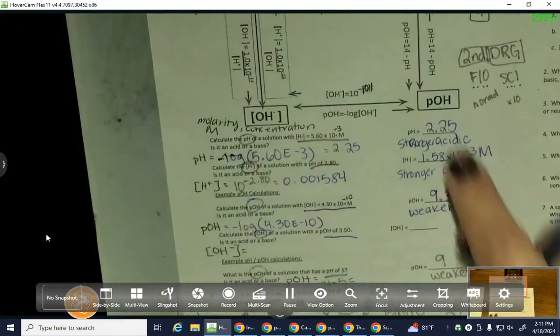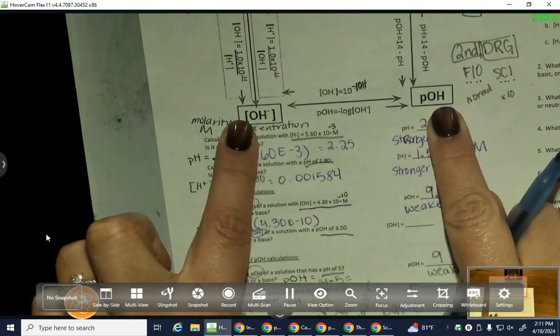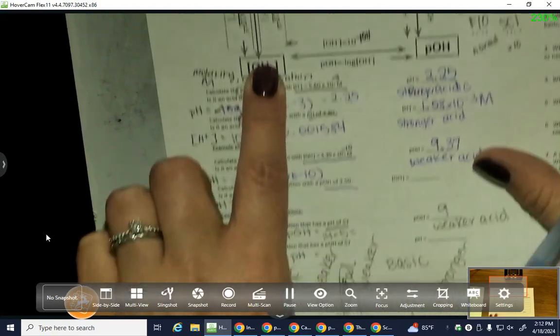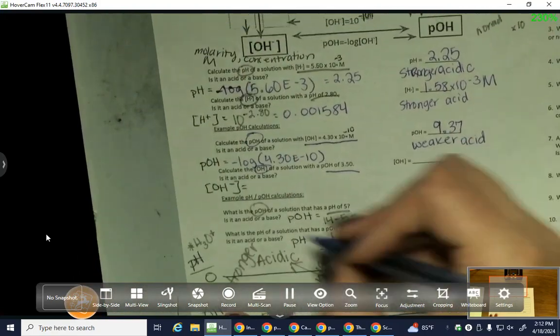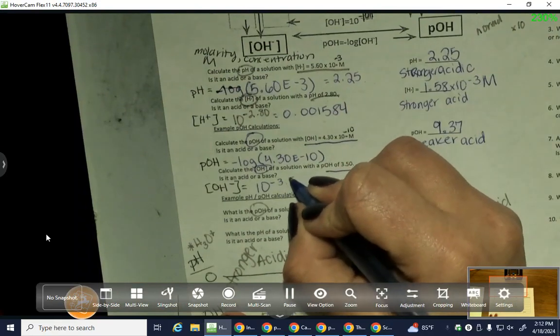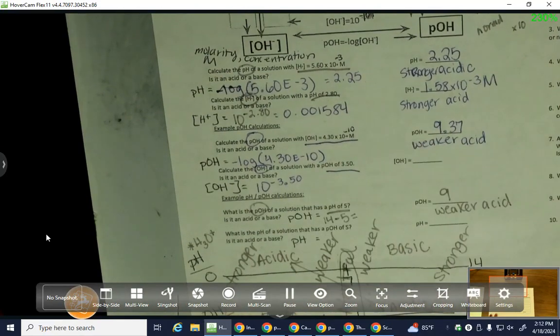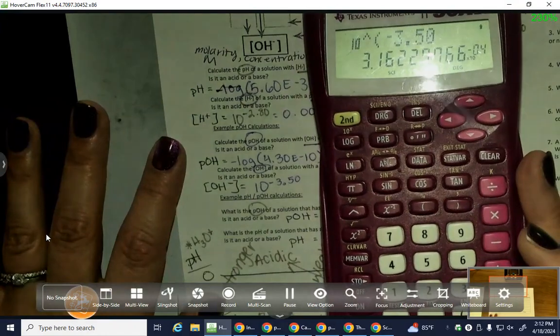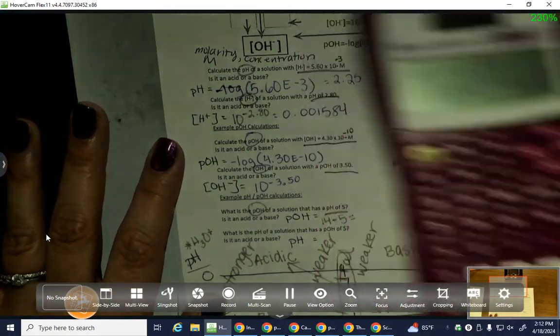So we're going to start at pOH here. We're going to head this direction to OH concentration. We'll have 10 to the negative pOH. So 10 to the negative 3.50. And with that, we get 3.16 times 10 to the negative 4.